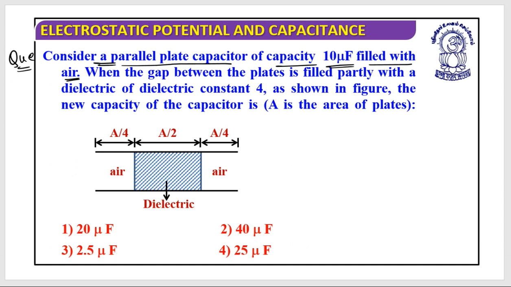Then the capacity of this parallel plate capacitor is 10 microfarad. Now when the gap between the plates is filled partially with a dielectric of dielectric constant 4 as shown in the figure, the new capacity of the capacitor is, okay, so what can be done?